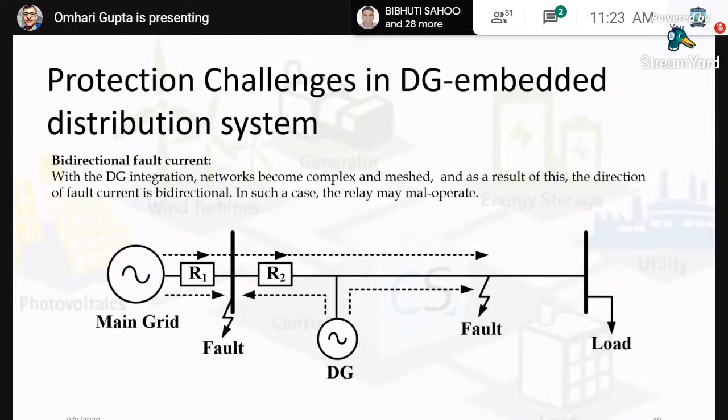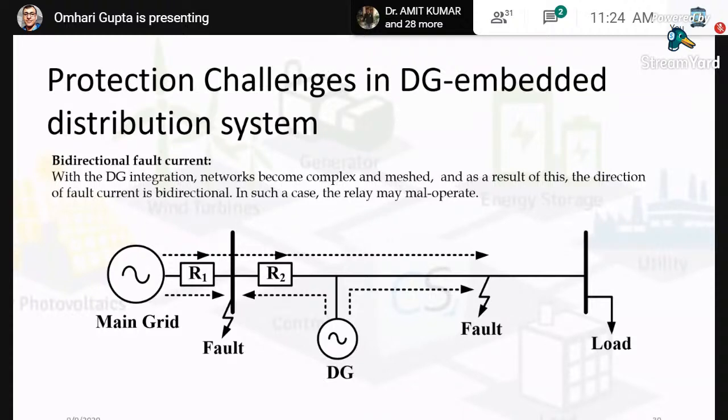On the other hand, if there is a fault at this location, after the DG, the current supplied by the utility will take this path, and the current supplied by the DG will take this path, and the relay at R2 will see a change in the direction of the current. So a directional issue will also be introduced.